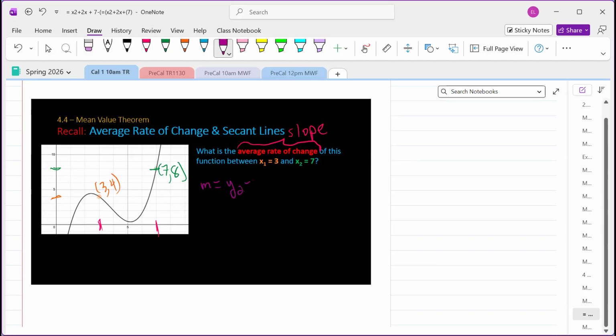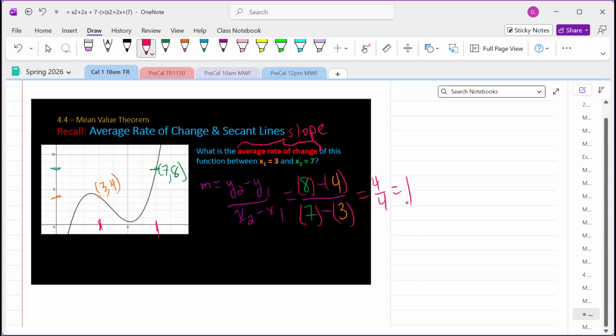The slope is change in y's over change in x's. And we end up with 4 over 4, which is 1.